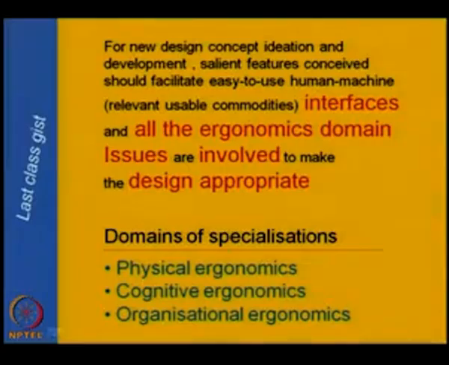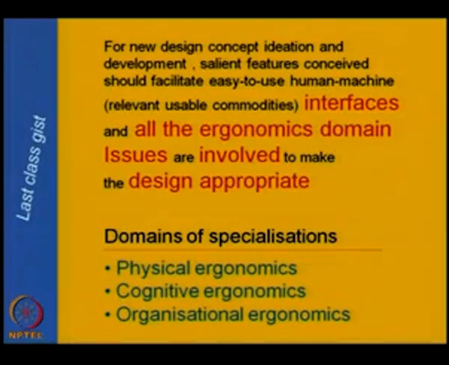And so, if we see the last class's gist, what we have discussed earlier, it can be said that for new design concept ideation and development, salient features conceived should facilitate easy to use human machine, that is, relevant usable commodities, interfaces, and all the ergonomics domain issues are involved to make the design appropriate.